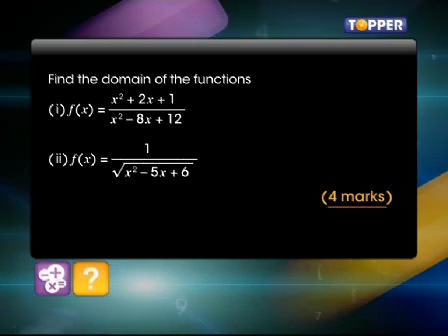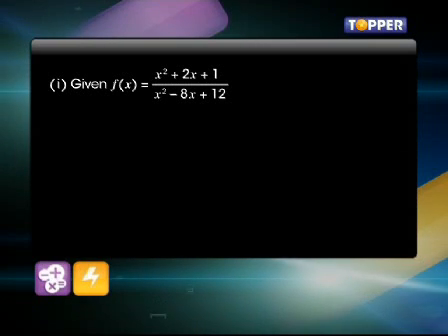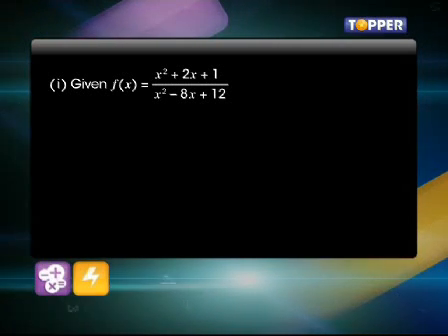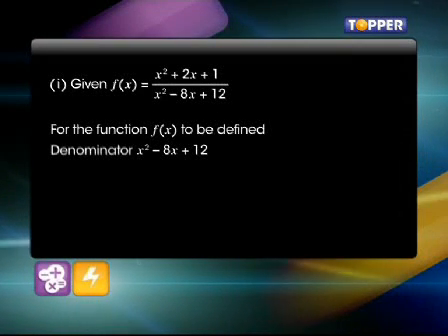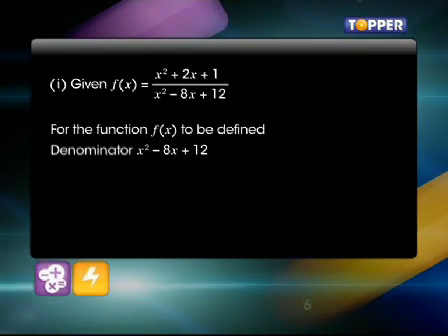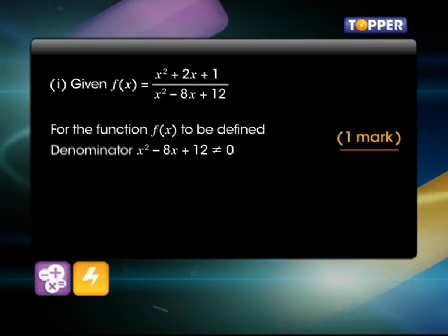We have function f of x is equal to x squared plus 2x plus 1 divided by x squared minus 8x plus 12. For the function f of x to be defined, the denominator x squared minus 8x plus 12 should not be 0. You get 1 mark for this.